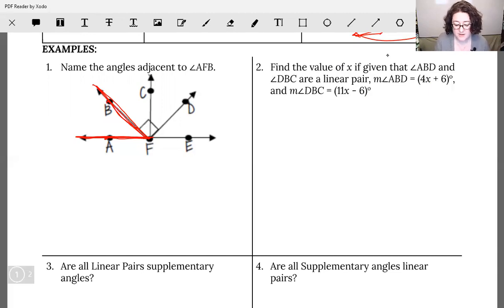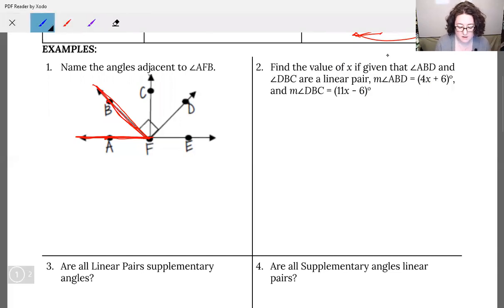So the first angle that I see that could qualify would be angle BFC. They both have the common vertex, or common endpoint, and that shared side. So BFC is an adjacent angle. I could also do angle BFD, a slightly larger version.